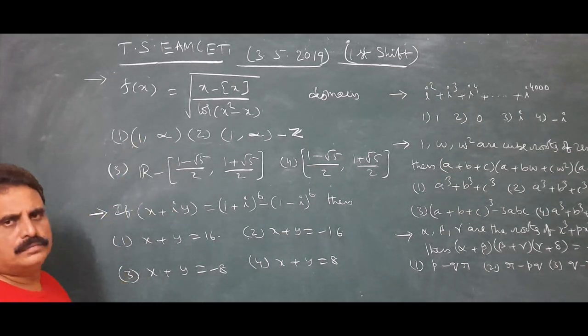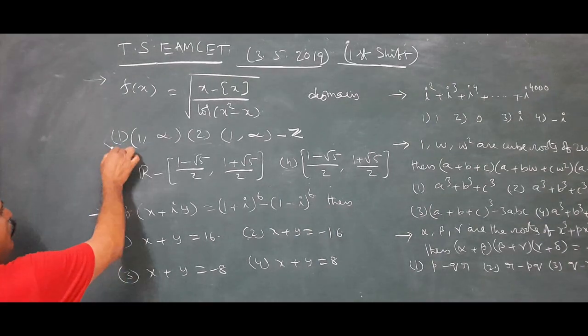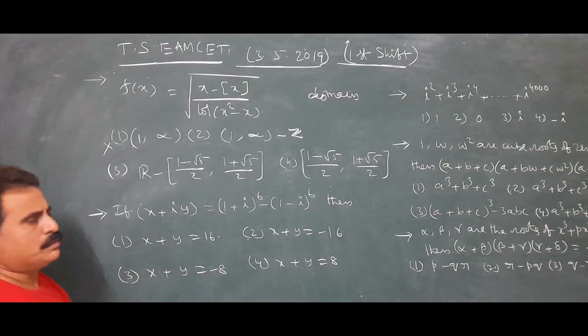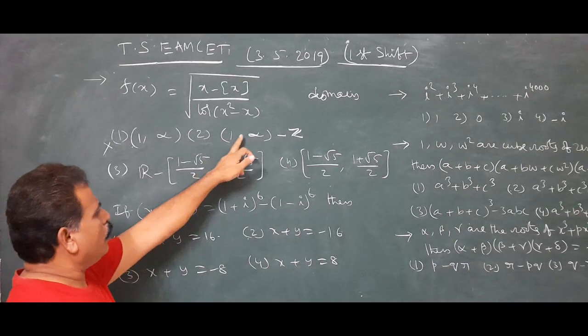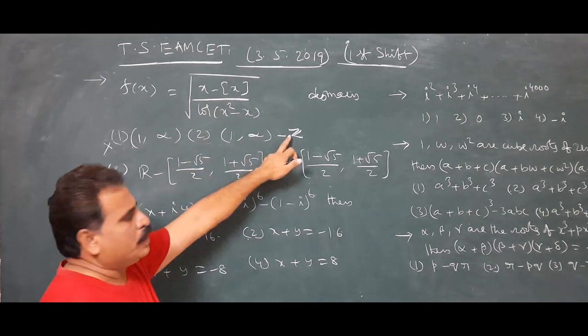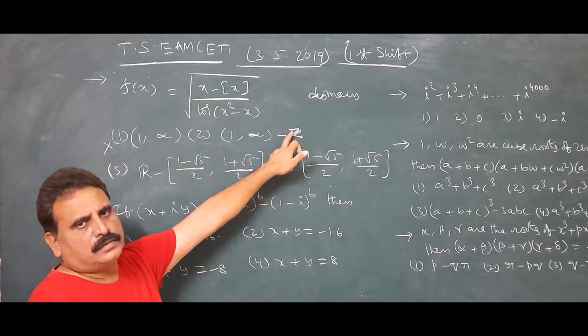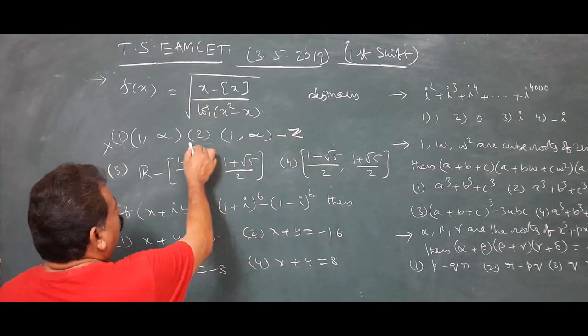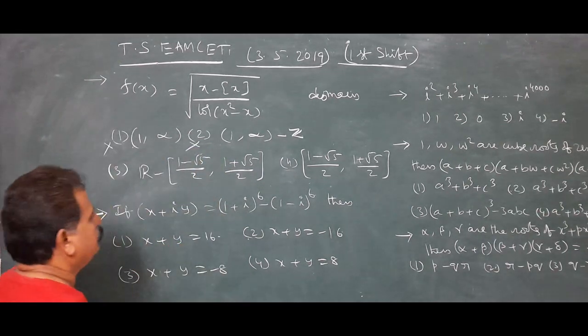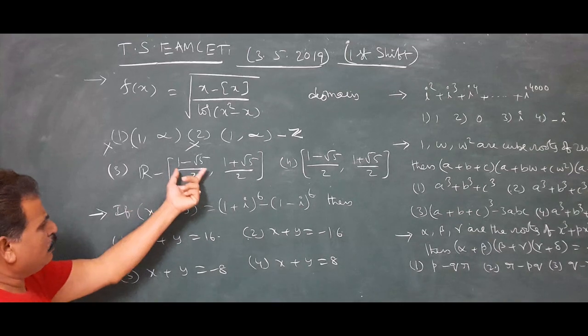The first option does not contain minus 1, it is wrong, it is all positive numbers, 1 to infinity. The second option is also all positive numbers greater than 1, not negative integers. So it does not contain minus 1, wrong. Now here, what is the value of this?